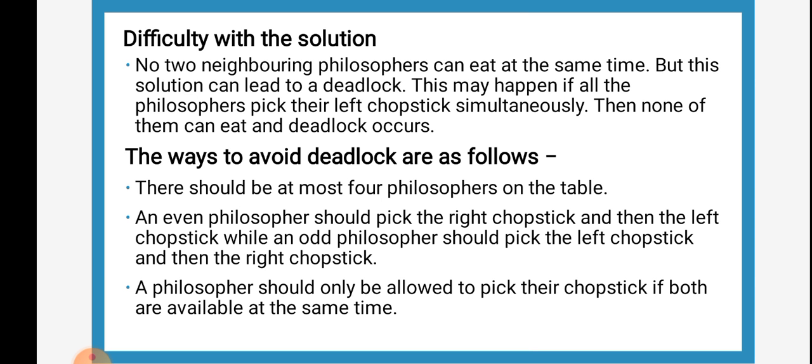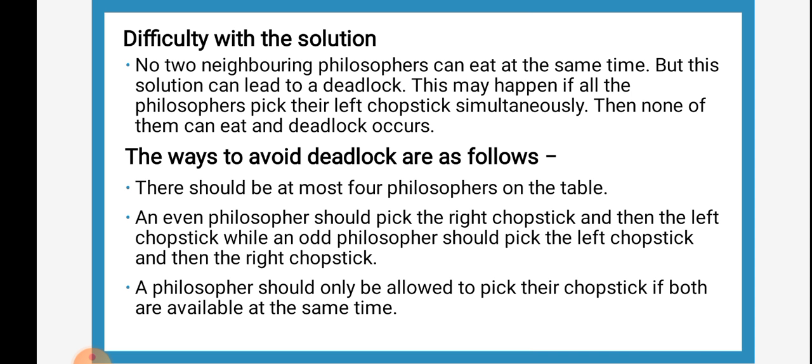But F2 has already been picked up by philosopher P1. So the third way to avoid the deadlock is that a philosopher should only be allowed to pick up their chopsticks if both are available at the same time. We cannot reserve a particular chopstick earlier. This is how we avoid the deadlock in the dining philosophers problem.